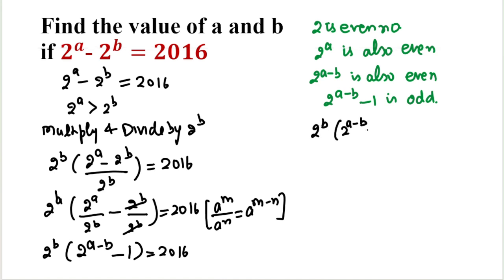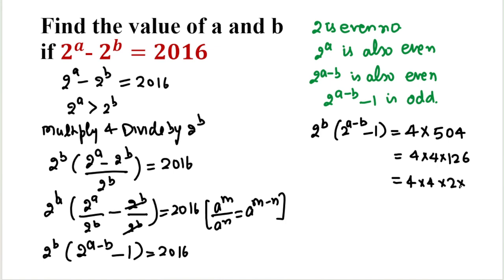So this we can write 2 power b into 2 power a minus b minus 1, and 2016 we can write 4 into 504. Now again this 504 can be written as 4 into 126, and this can also be written as 4 into 4 into 2 into 63.